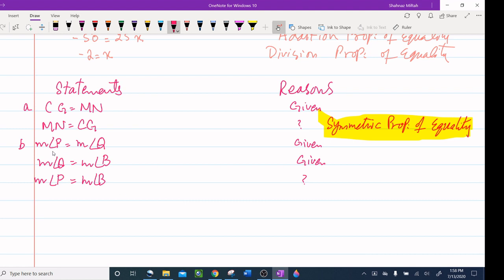If you pay attention, in these statements angle P is equal Q, Q is equal B. Then Q and Q cancel out. I'm left with P and B. And if you remember, that was a transitive property of equality. So this is transitive property of equality. Okay, I'm going to highlight that too.